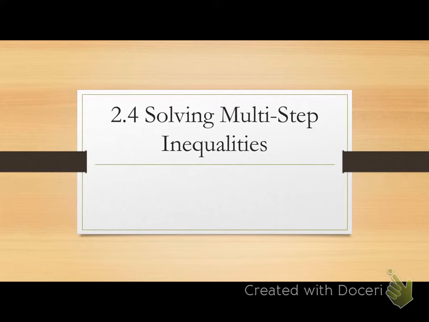The Chapter 2 test will probably be all inequalities. So there'll be maybe 1 or 2 one-step, and some multi-step ones. Okay? So be ready for the test sometime next week, okay?